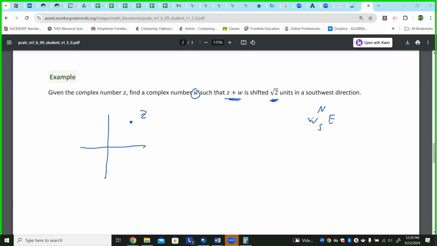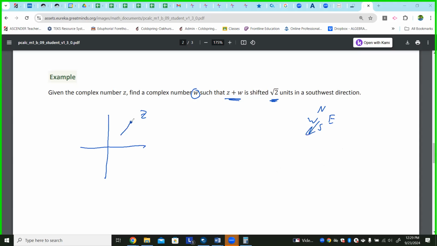Sour watermelon, however you remembered it, draw out a compass, and where would the southwest direction be? That way, right? Yes, that way. This is your southwest direction, all right?